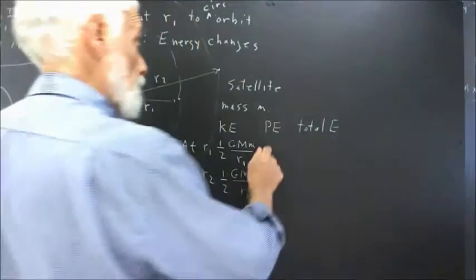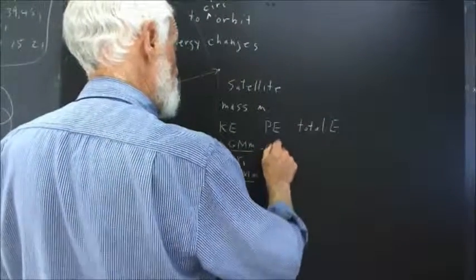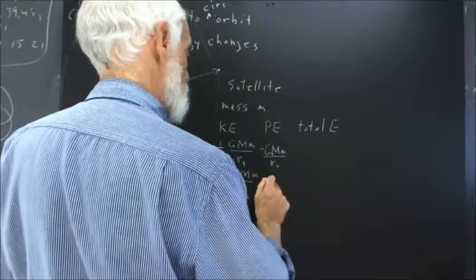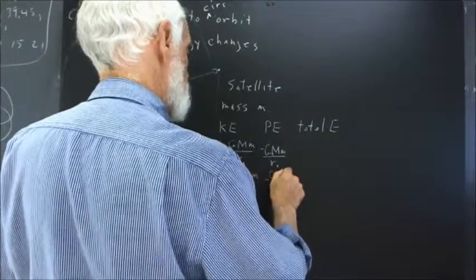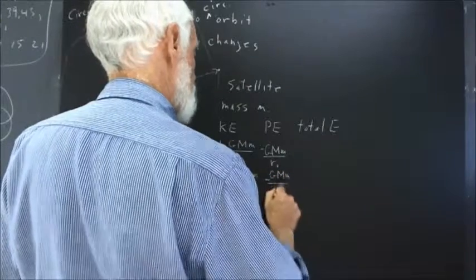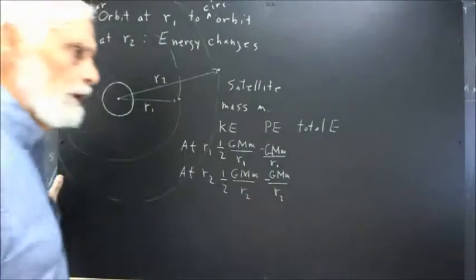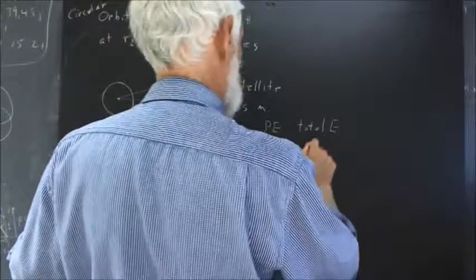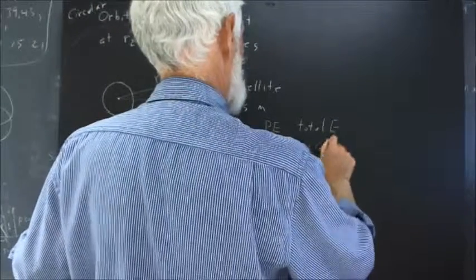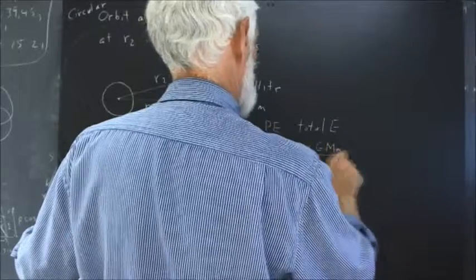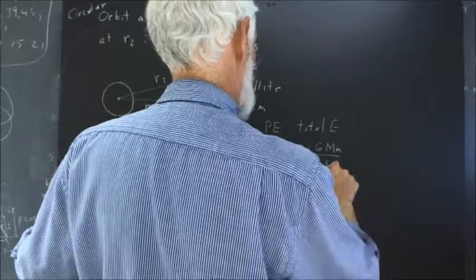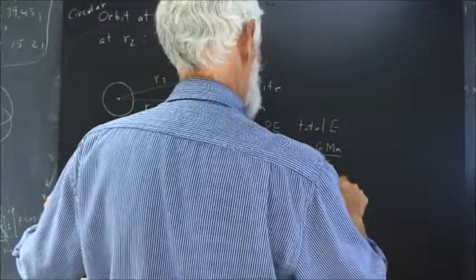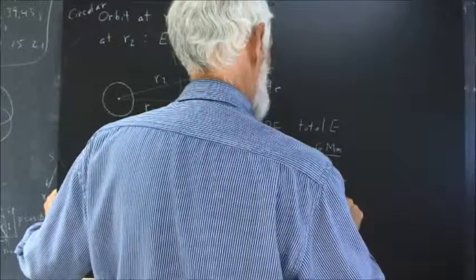Potential energy is negative big G big M little m over R1, or negative big G big M little m over R2. So the total energy is negative 1/2 big G big M little m over R1, negative 1/2 big G big M little m over R2.